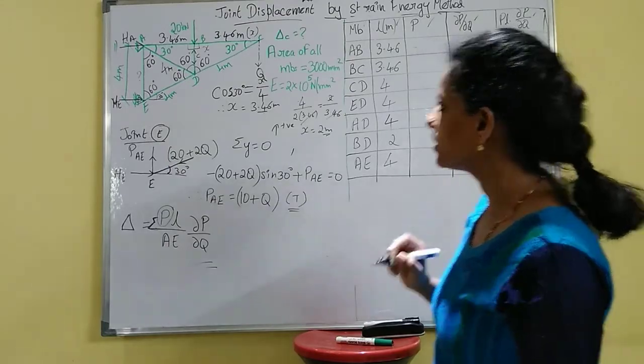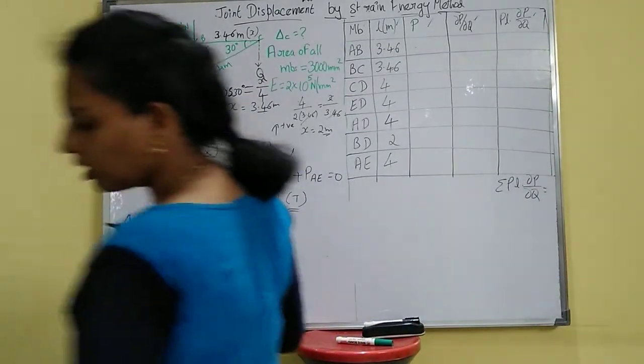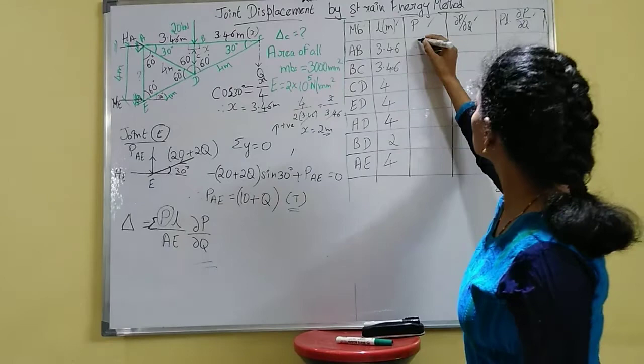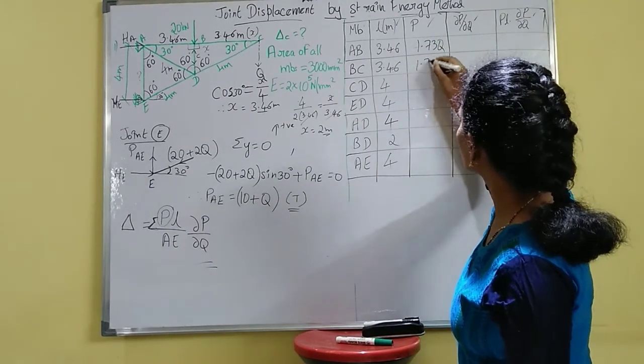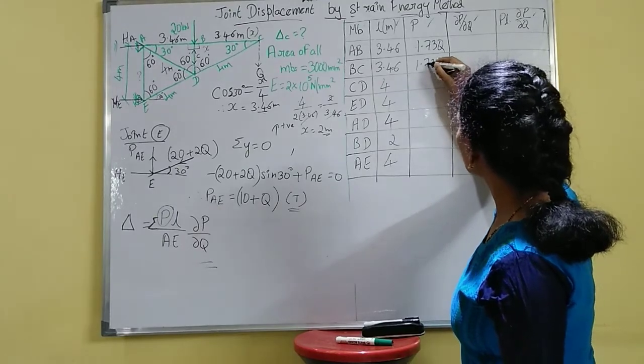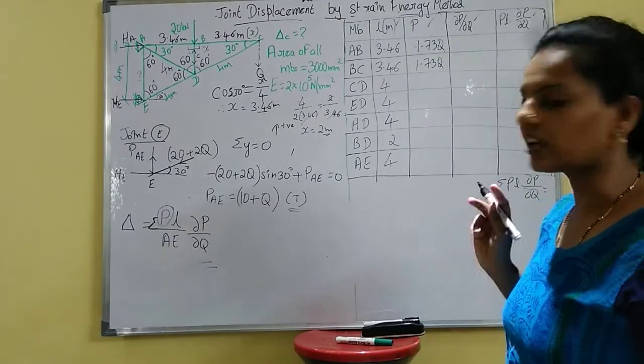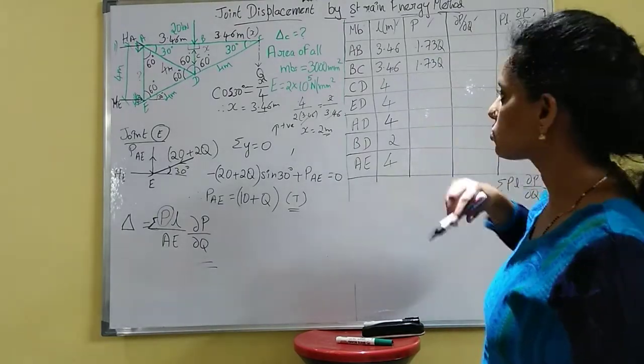So AB you have 1.73 Q. AB and BC is same, so 1.73 Q, and write along with the sign, that is consider tension and compression sign. So these two are tension here.